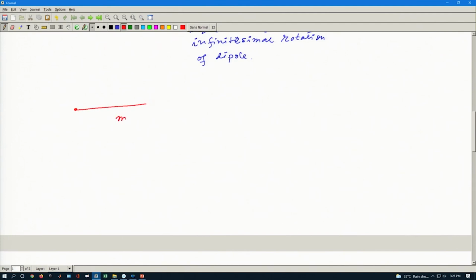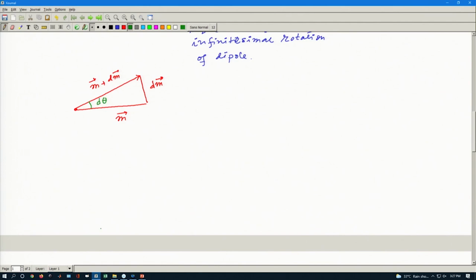This is the direction of M, and if it rotates to another direction, this is dM, and this is M plus dM, and the angle through which it rotates is say d theta.